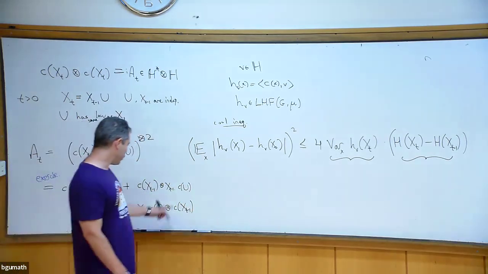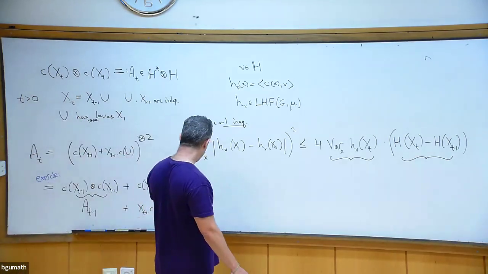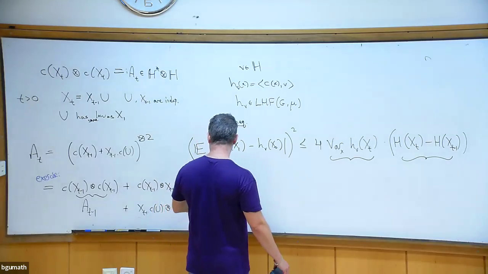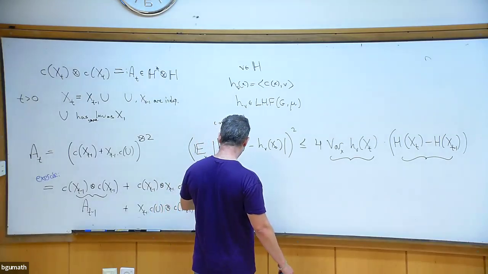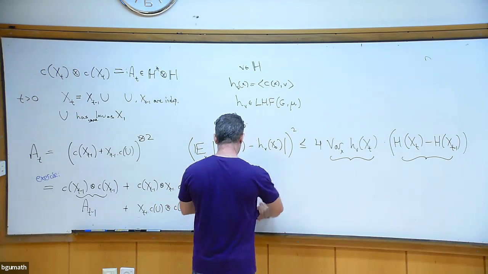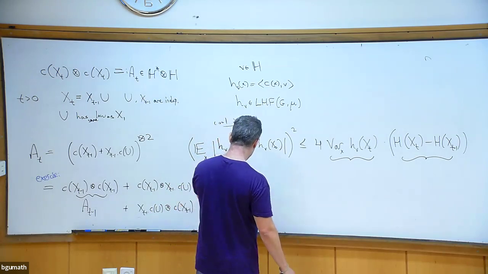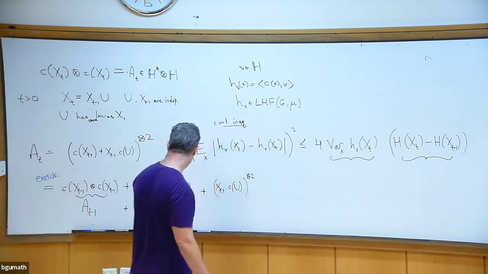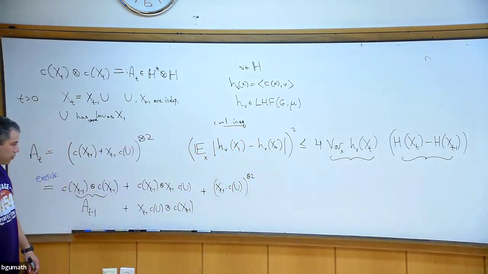These are the two cross terms. Plus XT minus 1 acting on C of U tensor with itself. You agree? It's linear.